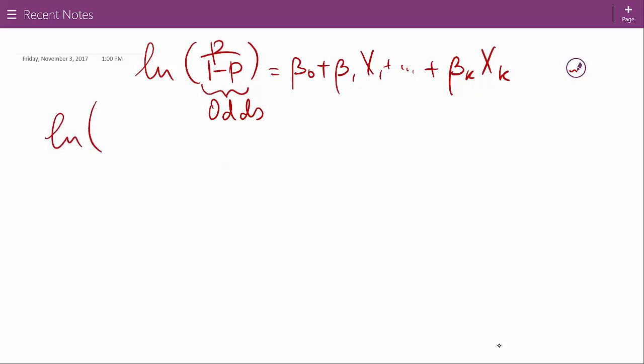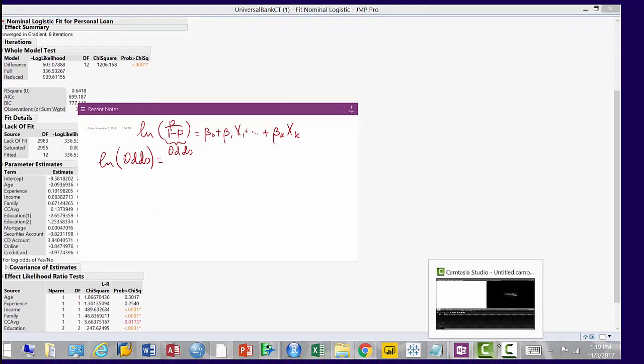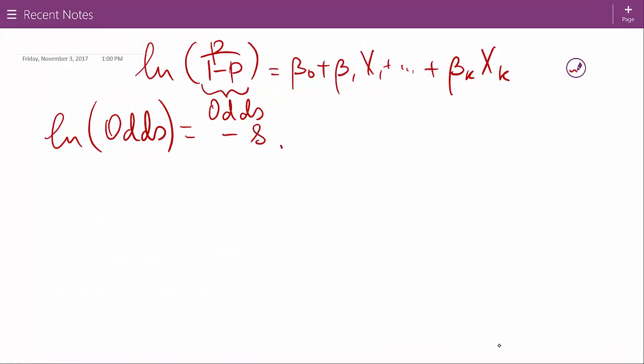So in my specific case, it looks like that. Natural log of odds is equal to intercept, minus 8.58, minus 0.093 times the age. I believe the first variable is age, right?